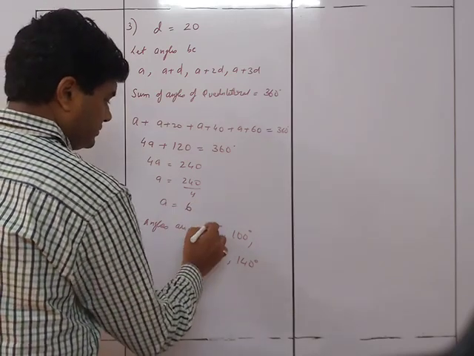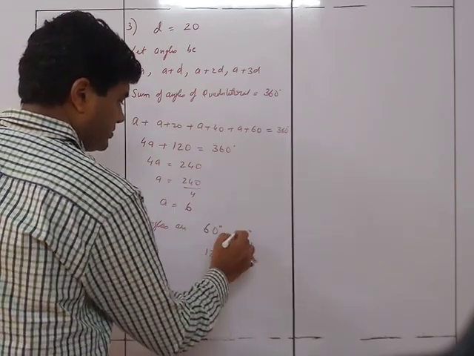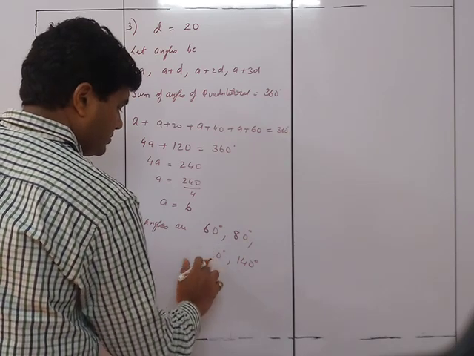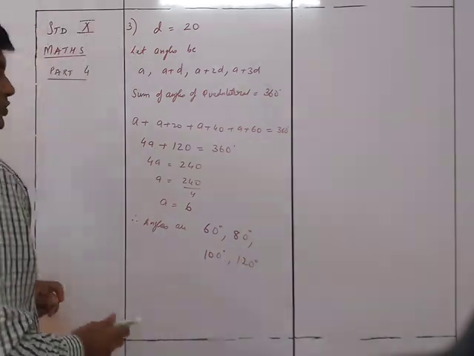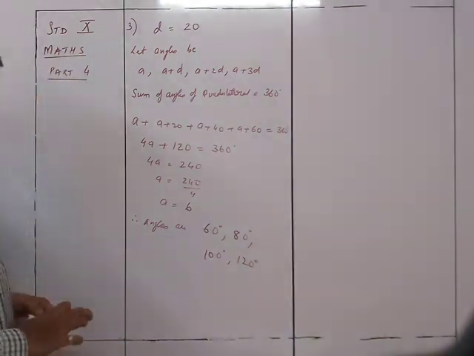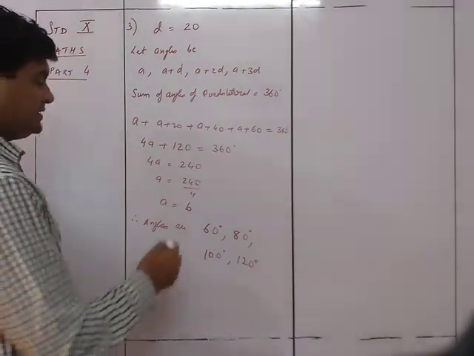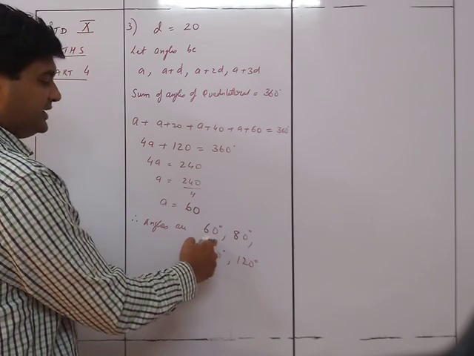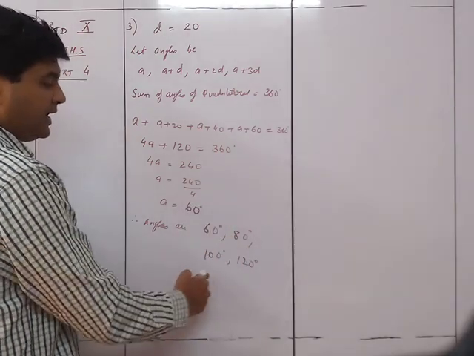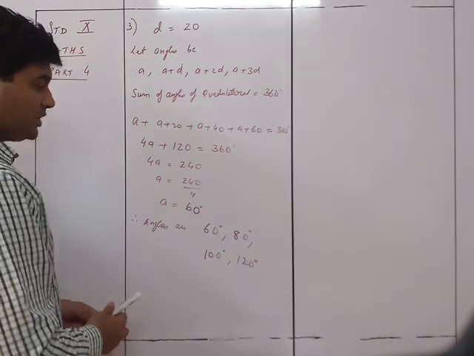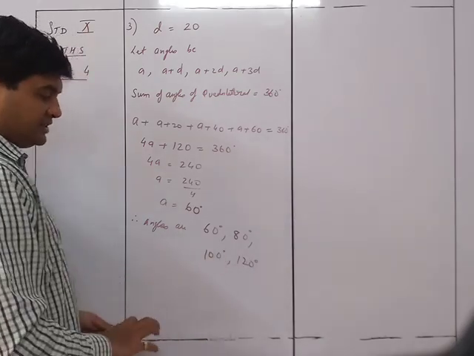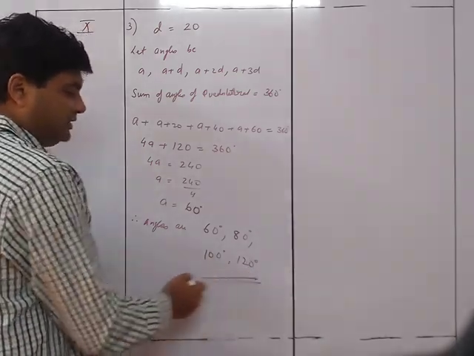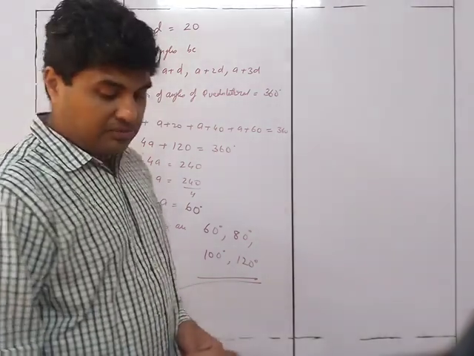So A is 60. So therefore A is 60, and the angles are 80, 100 and 120. So the total comes out to 200 plus 300, 360. Right, so that's the answer for sum number 3.